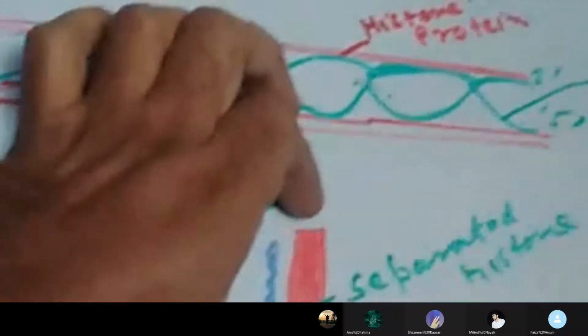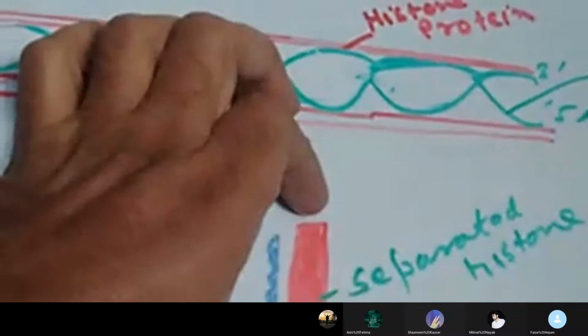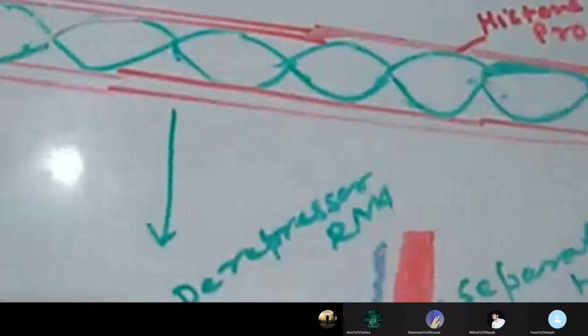This is the dissociated histone protein, and this is also dissociated histone protein. These are the two strands of the DNA, which have been opened due to the breakdown of the hydrogen bonds between the two strands.